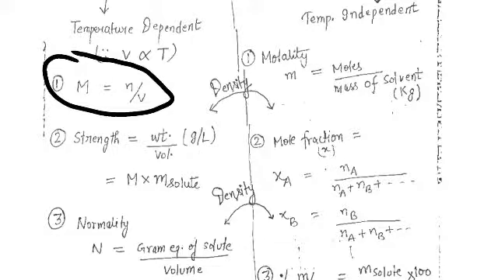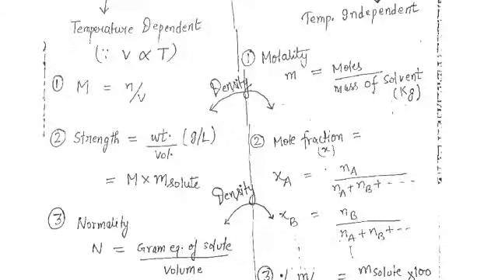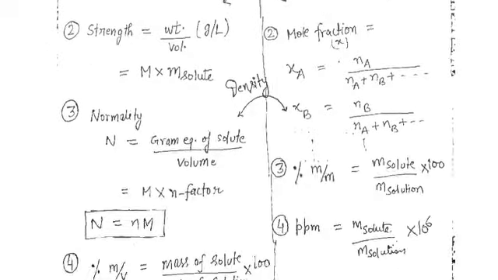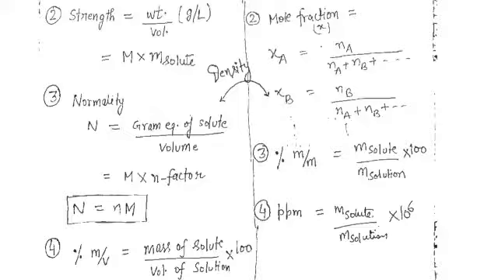Now the third thing is normality. Normality is the number of gram equivalents of solute upon volume.